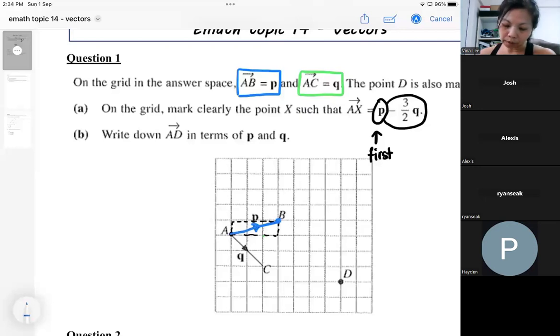Then you do this from B. From A, you do vector P. How do you do vector P from A? You count 3 squares. Then I need to do this part, which is minus 1.5 Q from B. This one is the positive direction. The negative direction will be like this.